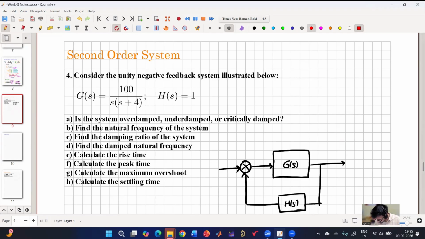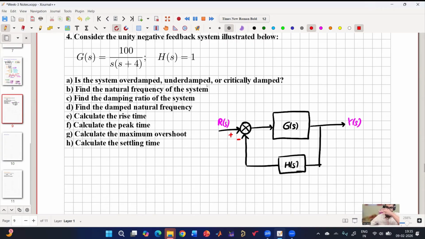And this is my R of s. This is my Y of s. And it's a unity negative feedback system. So now what is the overall transfer function Y of s by R of s? 100 divided by s square plus 4s plus 100, right? Yes, sir. Okay, very good.